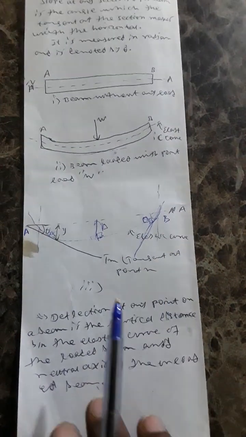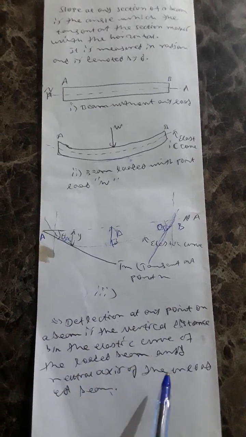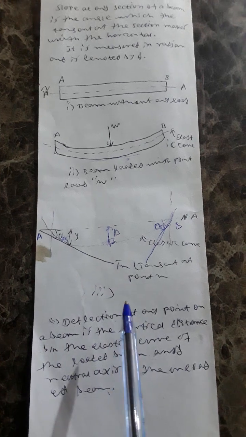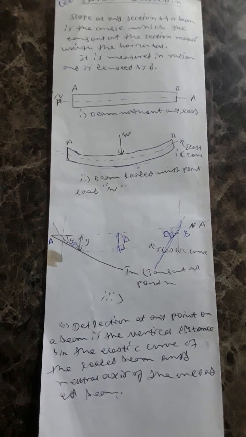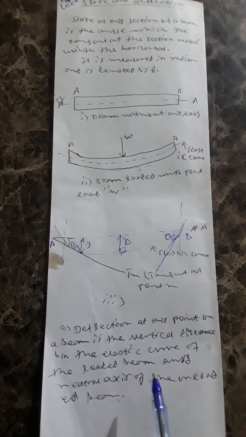Deflection. Deflection at any point on a beam is the vertical distance between the elastic curve of the loaded beam and the neutral axis of the unloaded beam.